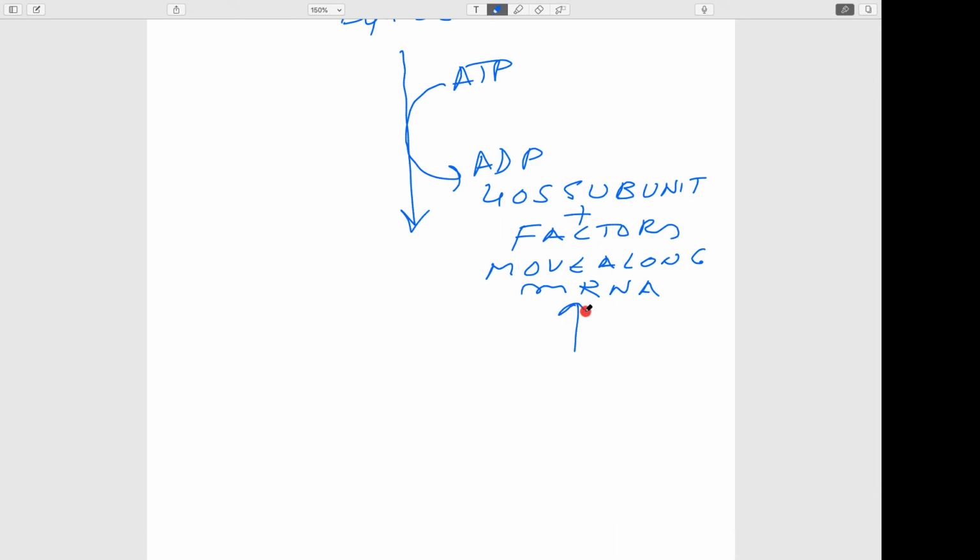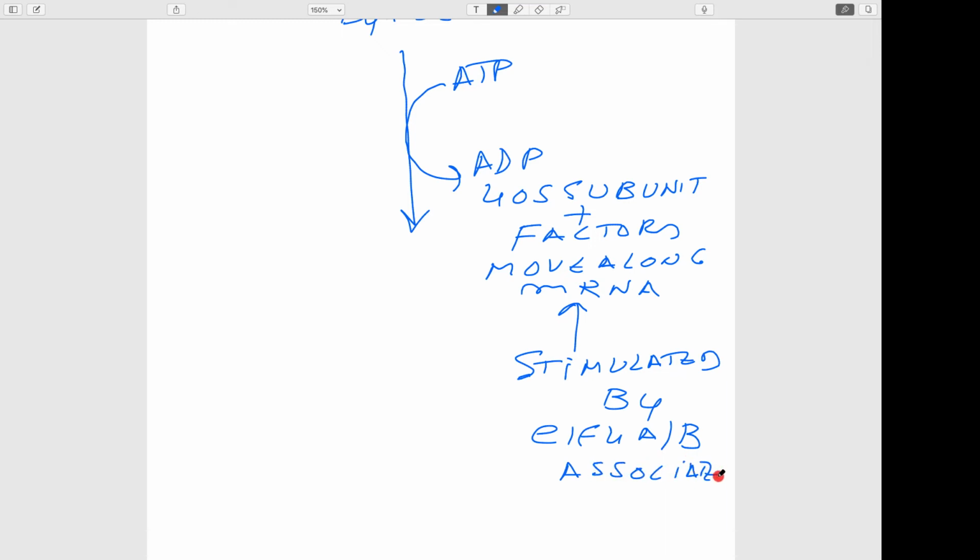This process is stimulated by EIF4A and B associated. What is that enzyme? Associated RNA helicase. That is RNA helicase, because with the help of that enzyme it is taking place.